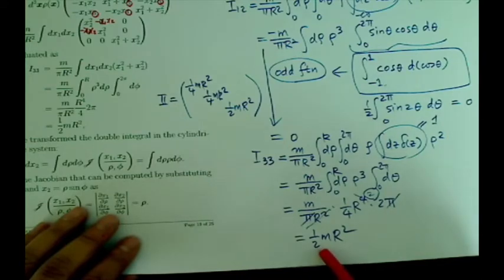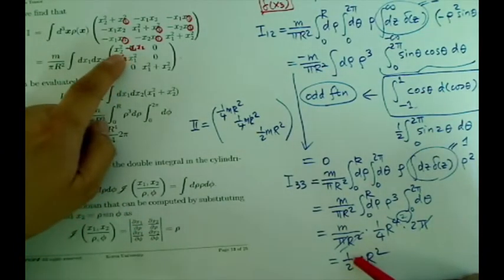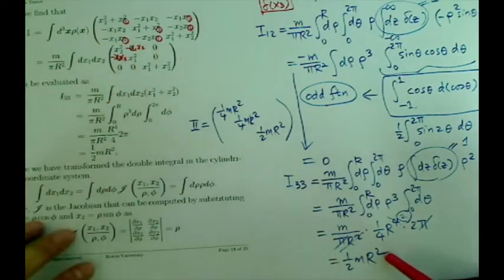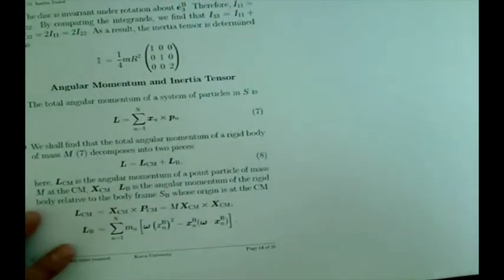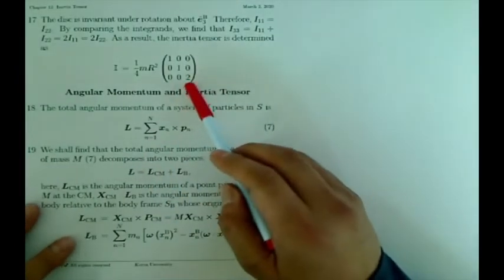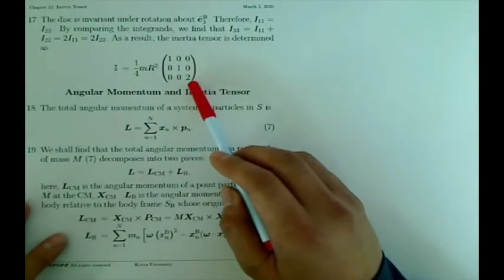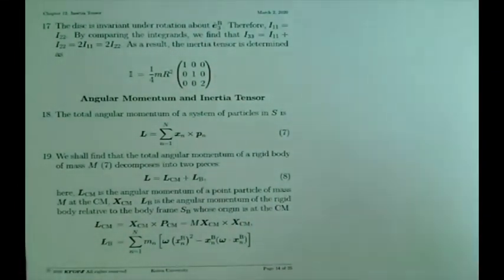The final result will be 1/2 m r squared. As I already stated, these two components will be just 1/2 of this amount. Therefore, the z component will be 1/2 m r squared, and the x and y diagonal components are 1/4 m r squared.